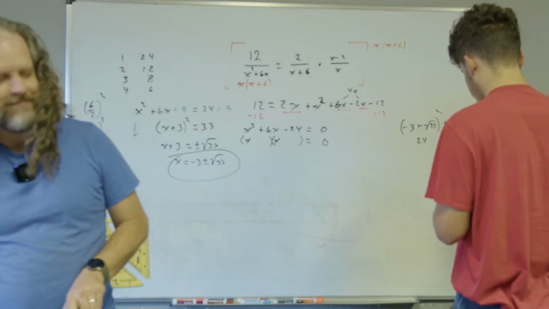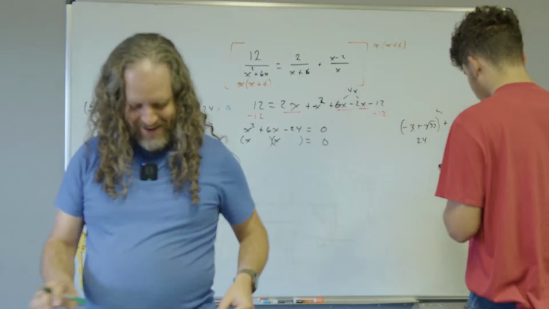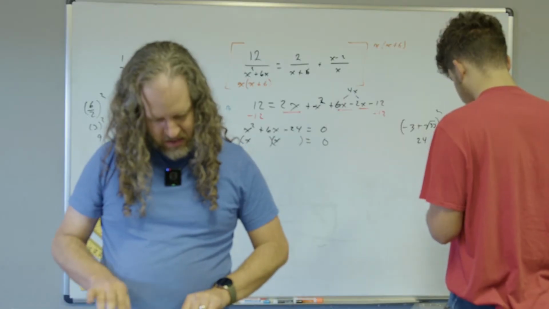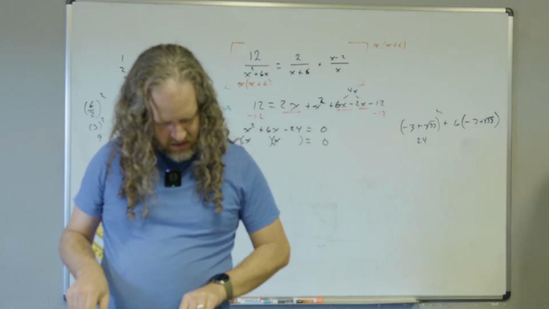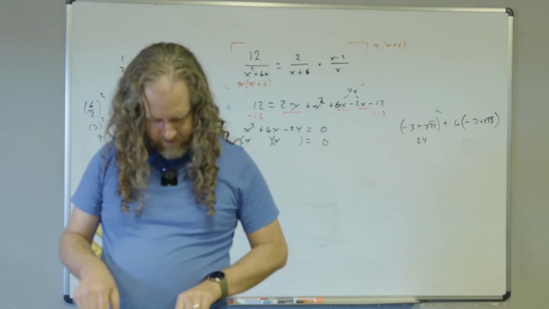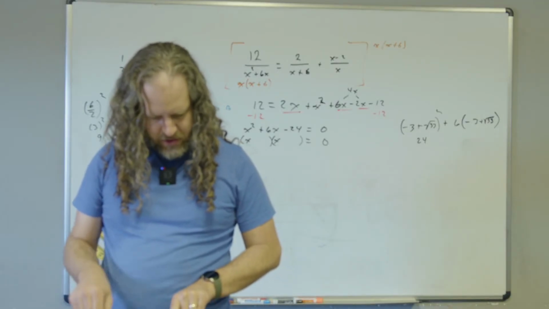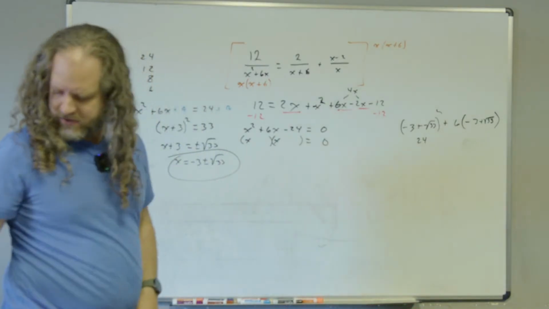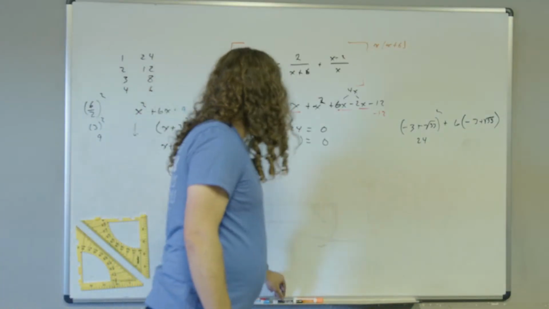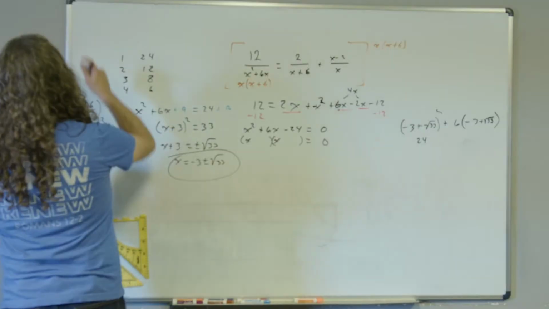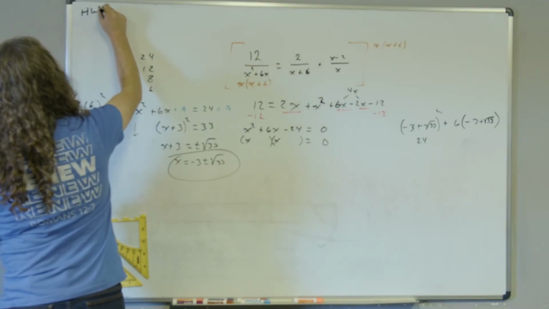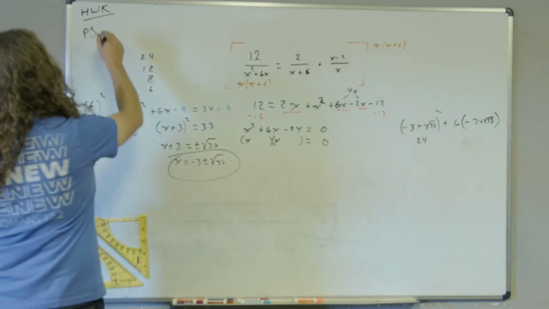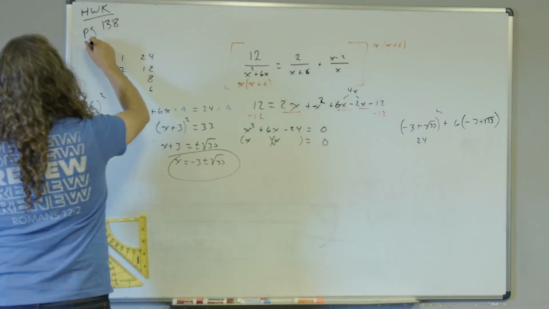Great. All right, so your first set of homework is going to be numbers 32 through 42, evens, on page 138.